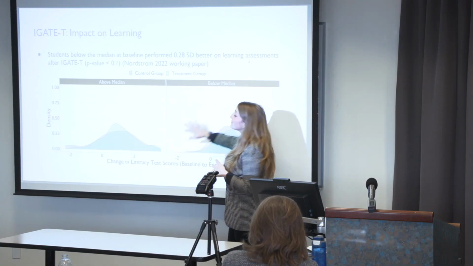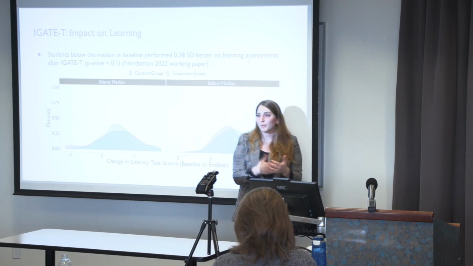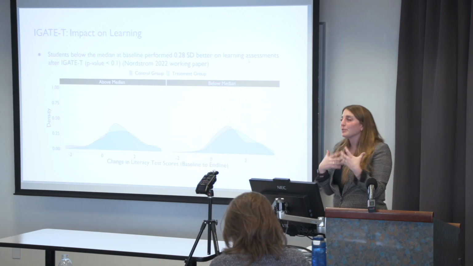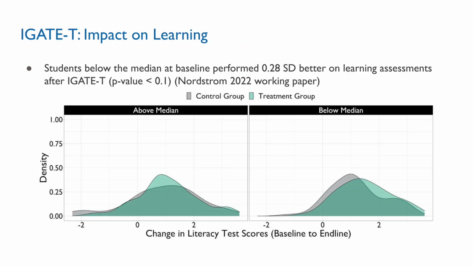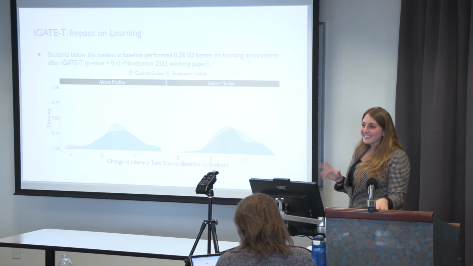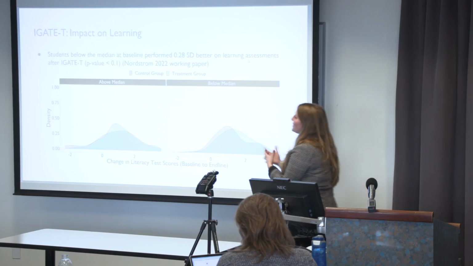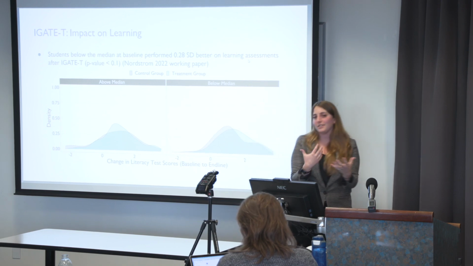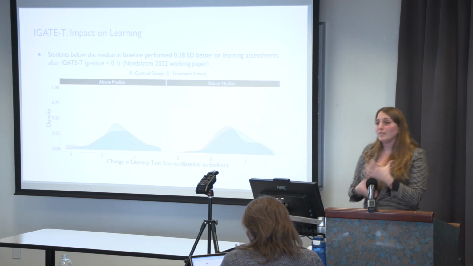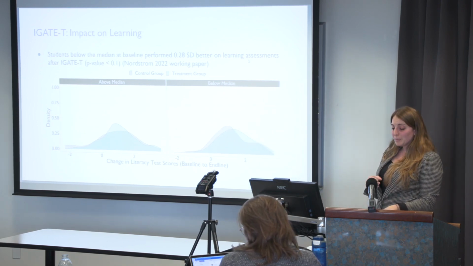But for students who were underperforming already, the students who are struggling the most, this is where we see the program has had an impact on test scores, where they're doing significantly better at the end of the program. And so I think this highlights the potential for these community-based interventions to really improve the education of particularly struggling groups.